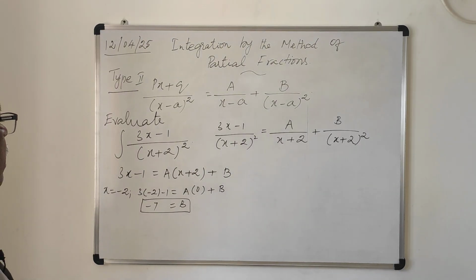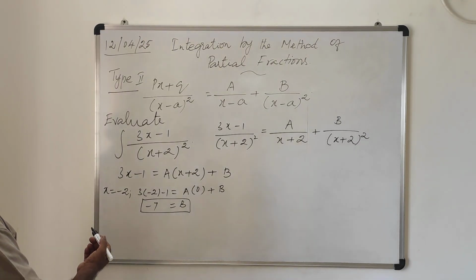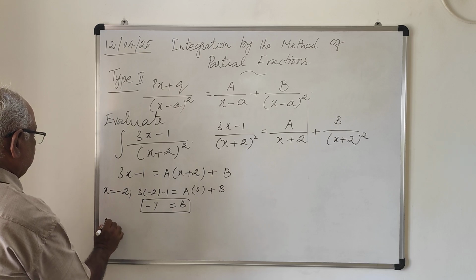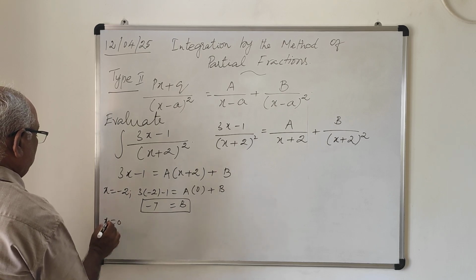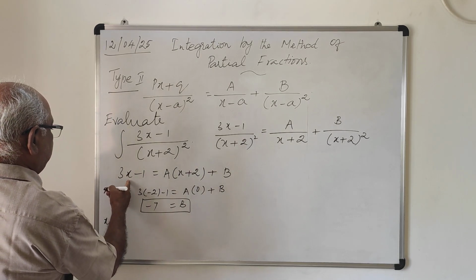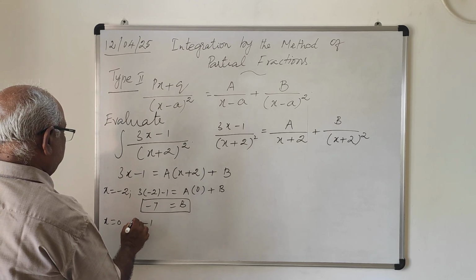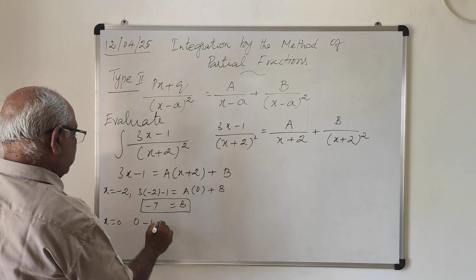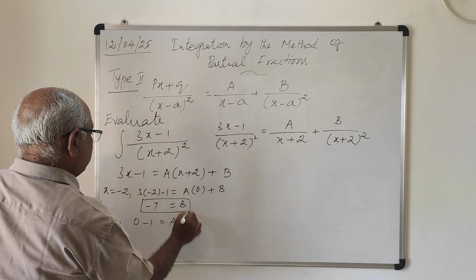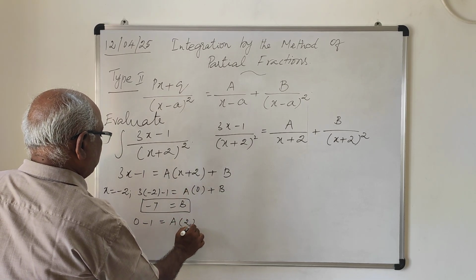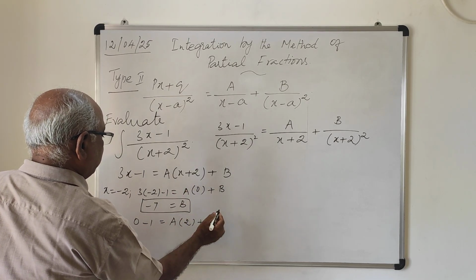Similarly, by giving x equal to 0, we can find a. If you put x equal to 0, 3 into 0 is 0, minus 1 equals a into 0 plus 2, which is 2, plus b.